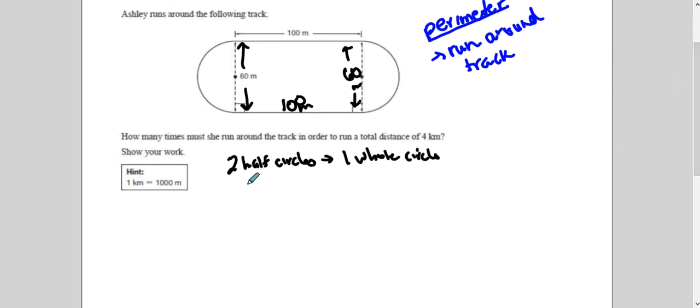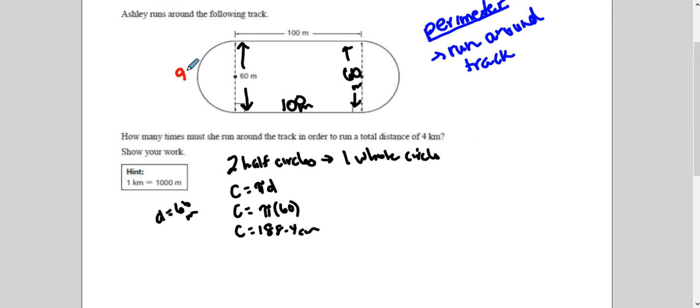All right, so we know that the circumference of the circle is pi times d, and we know our d is 60 meters, because that's what we were given in the question. So on my calculator, I can go pi times 60. That's approximately 188.4 meters.